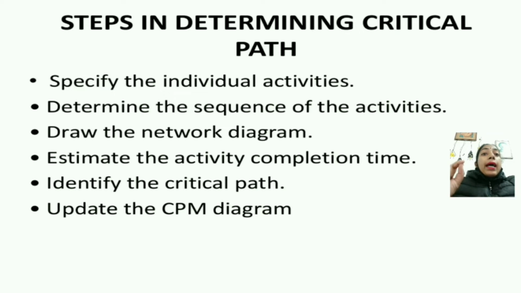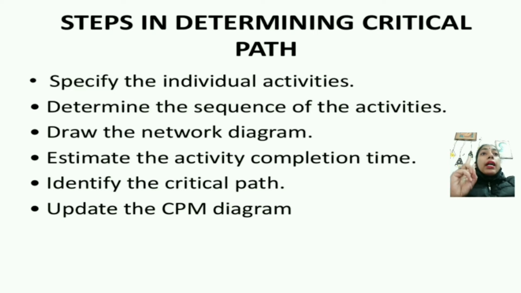Then comes identifying the critical path. For this purpose, we need to determine 4 parameters of each activity of the network: earliest start time, earliest finish time, latest finish time, and latest start time. Now what is the earliest start time? The estimated time an activity can start once the previous dependent activities are over is called the earliest start time.